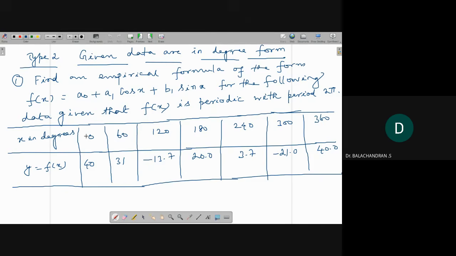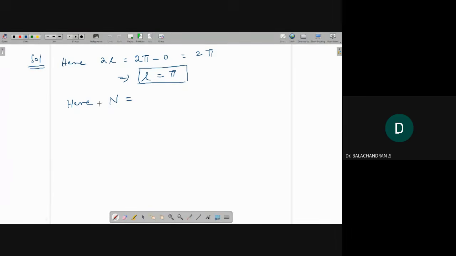The number of ordinates is 1, 2, 3, 4, 5, 6, so the number of intervals is also 6, always even. So n is 6, an even number.